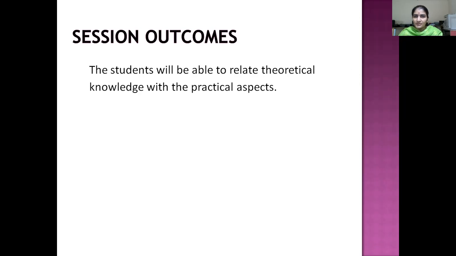So far all the sessions were based on theoretical concepts. Now in today's session, we will discuss how this theoretical knowledge can be implemented in practical aspects, and how it can actually be used in our day-to-day life activities.